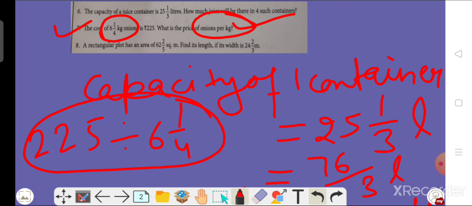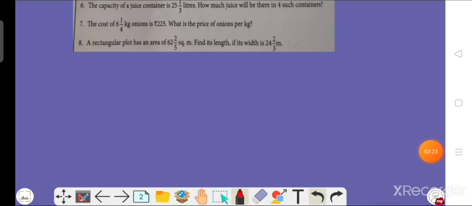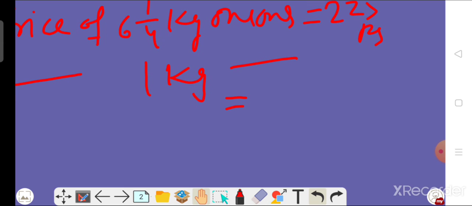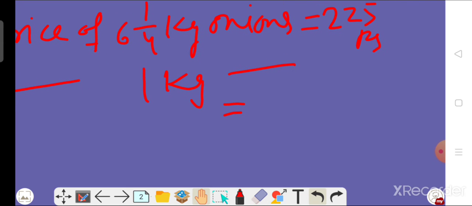Okay. Now look at the solution. So the price of 6 raised 1 by 4 kg onion is equal to 225 rupees, and the price of 1 kg onion is equal to 225 divided by 6 raised 1 by 4 rupees.